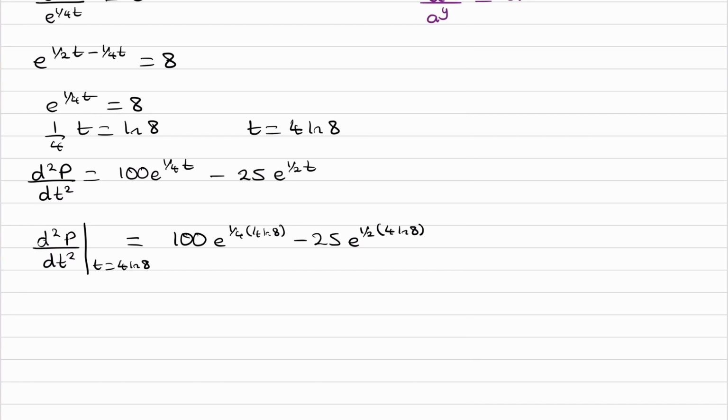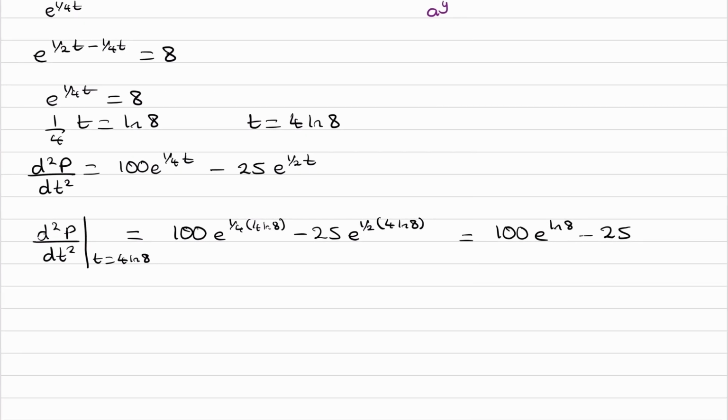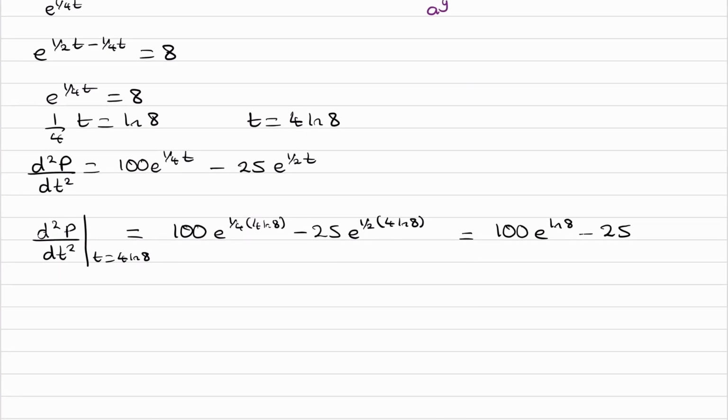Okay, so the first term becomes 100, the quarter and the 4 here cancel out, and then we are left with e to the power of ln 8. And this second term becomes 25, so e to the power of, a half and the 4 become 2, so it becomes e to the power of 2 ln 8.